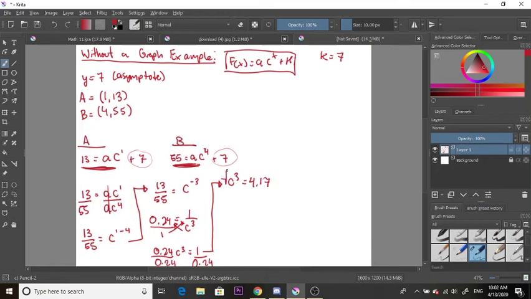Now I'm going to take the cube root of both sides. Now remember, when you're taking the cube root, you're going to want to use the x-th root button, and you're going to want to type in the 3 first.